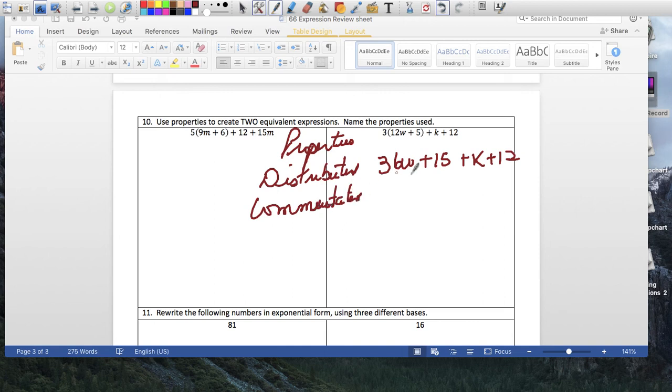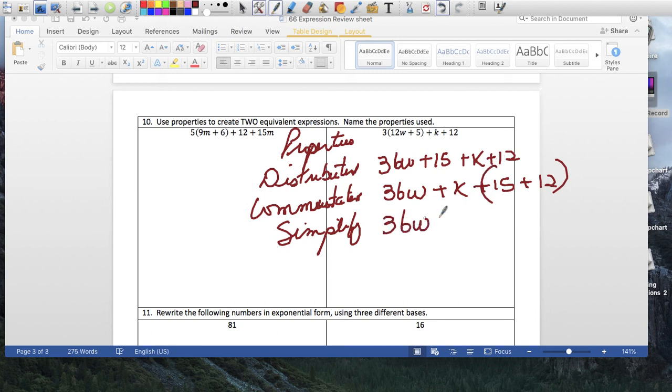And so I'm going to get 36W, plus K, I'll move that there, and then I'll move the constant 15 and the constant 12 next to each other. And in this case, I'm just going to go straight to simplifying that, right? This is the associative property. Simplify because I only have these two that are alike, right? These are alike, so 15 plus 12.